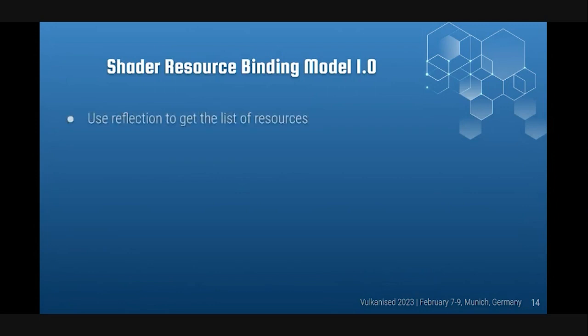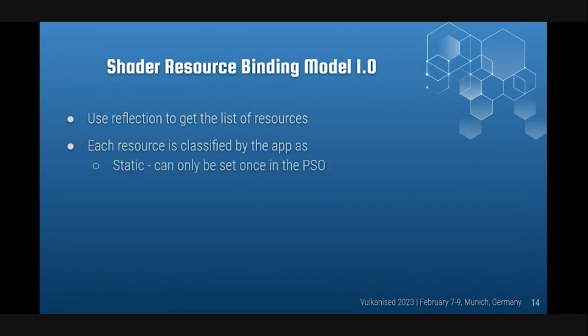So the engine uses reflection to get the list of resources that are used by the pipeline state, and each resource can be classified by the application as static, and static resources can only be set directly in the pipeline state. The second type is mutable resources, and the mutable resources can be set in each instance of the shader resource binding object.